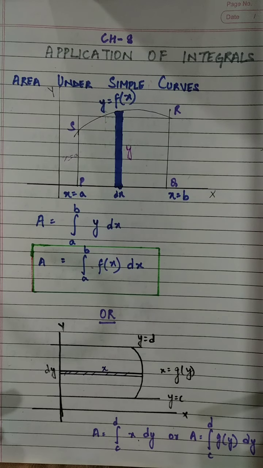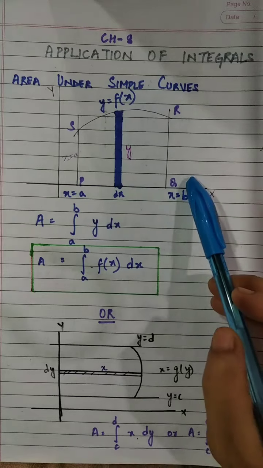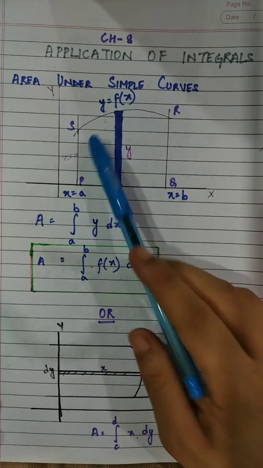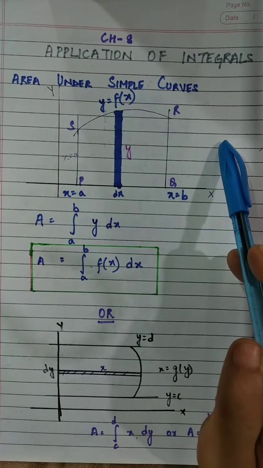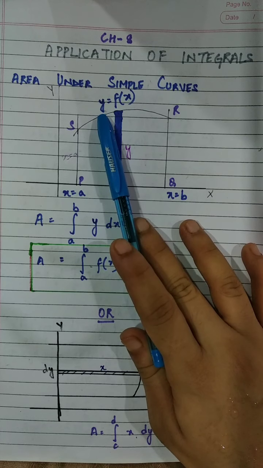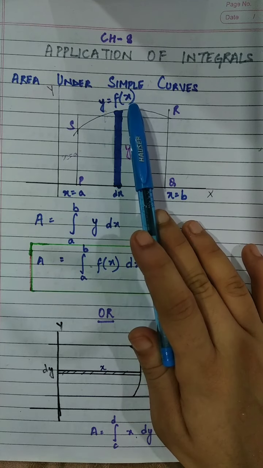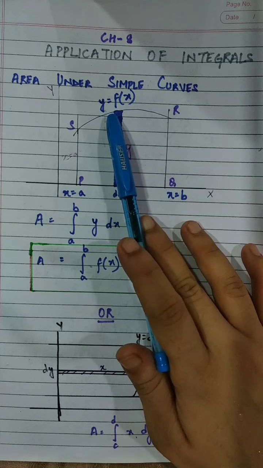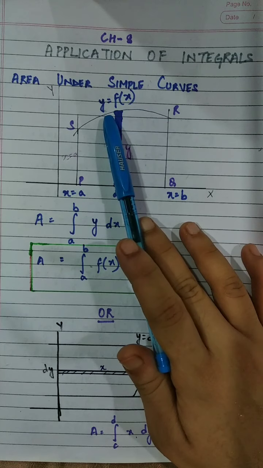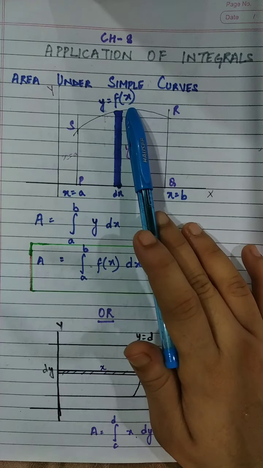under different functions, right? As you can see over here in this given figure, we have this curve, which is determined as y is equal to f(x), that is, the equation of the curve y expressed in terms of x.